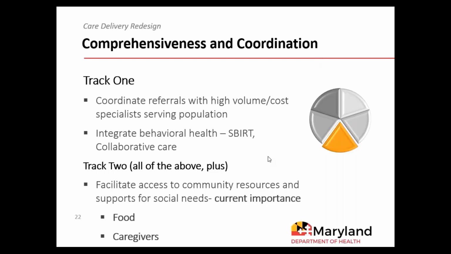So understanding those things and then being able to link those patients to resources that can help them move higher up in health equity. And that's also a very important part of this, including being able to provide food and caregiver support to the patients. All those are resources that we help you provide within the program. Next slide.